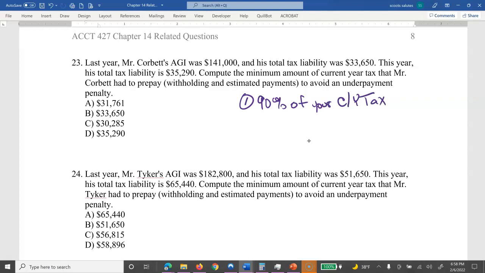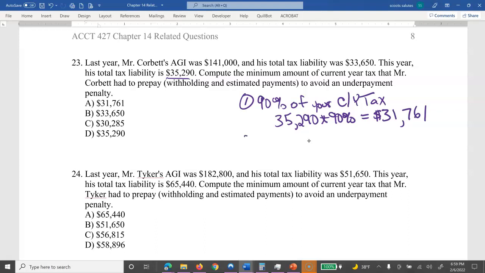It says the current year tax liability was $35,290. So if throughout the year we had paid 90% of it, that would be one mark that we could use as a reason we should not be penalized. I did the calculation and came up with $31,761.